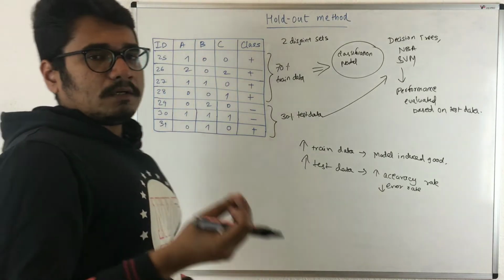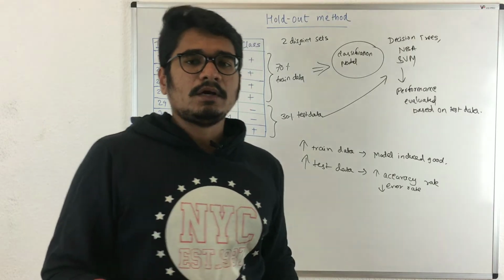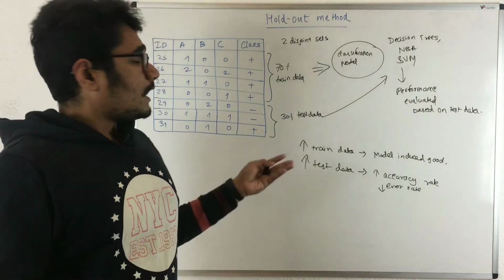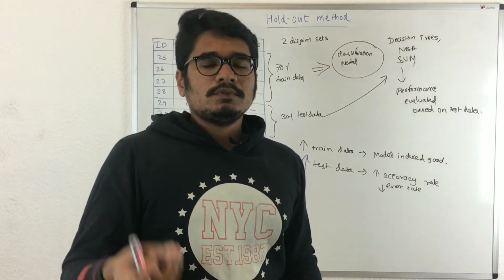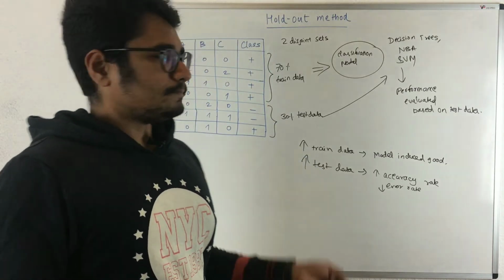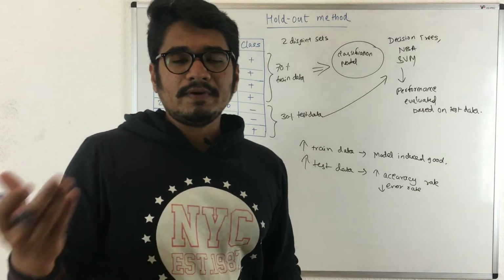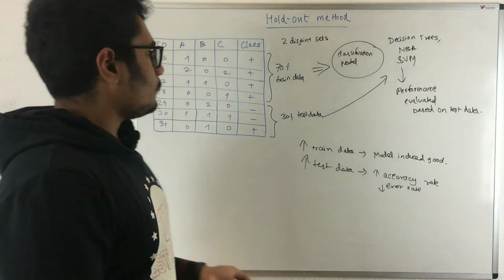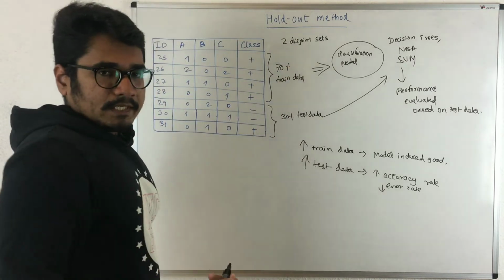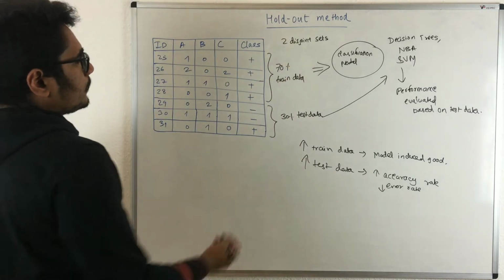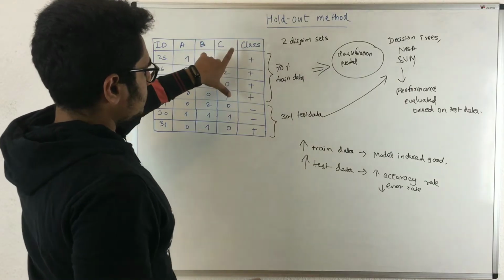Now there are two shortcomings in this technique, since we know that there are several other methods. There should be some limitation in this. That's why we devised other methods after this. The very first shortcoming of the holdout approach is this. Say this is the proportion.